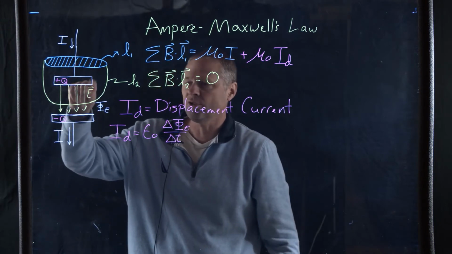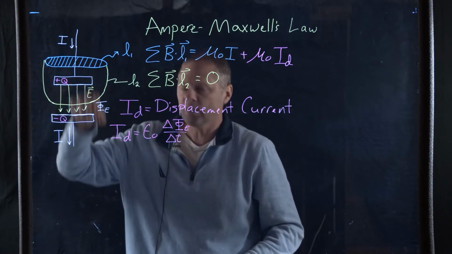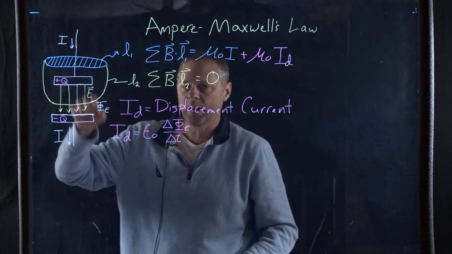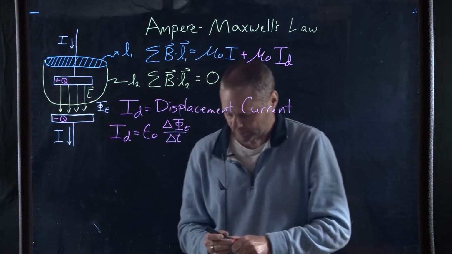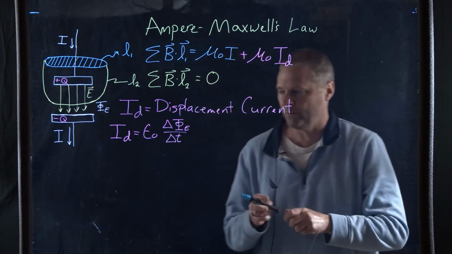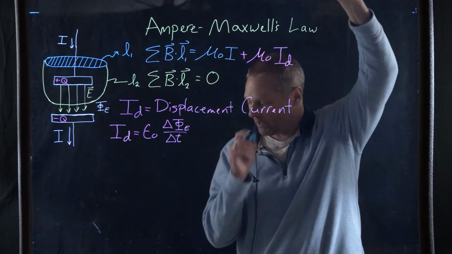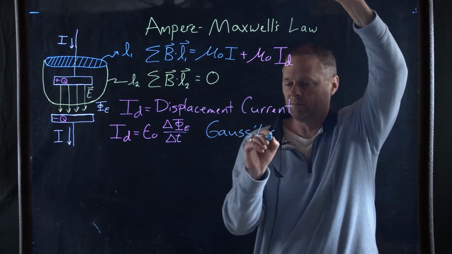There's going to be charge built up here, a greater amount of potential. As that occurs, the flux through the surface is going to change over time. Now, when we hear flux, we should think about Gauss's law.